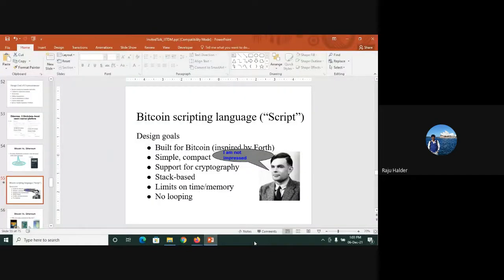Yes. So the Turing machine can solve all the solvable problems, right? Whatever problems are solvable, the Turing machine can solve them. But this language cannot solve some of the problems that the Turing machine can solve, because this language does not support different features like recursion, looping, all these things. If I look at C++, Java, they are Turing complete.